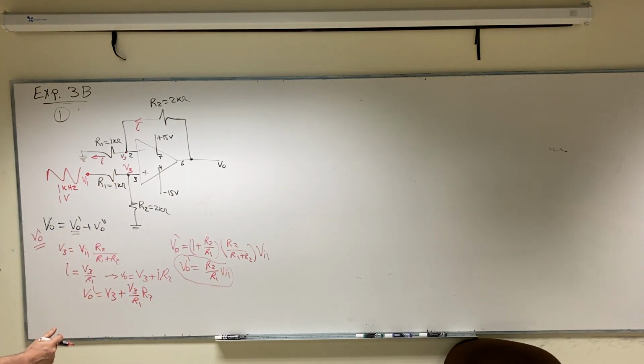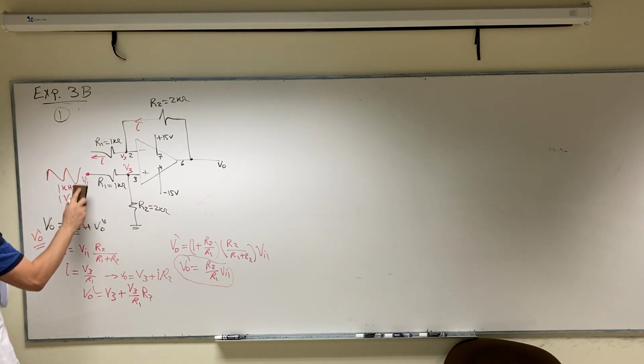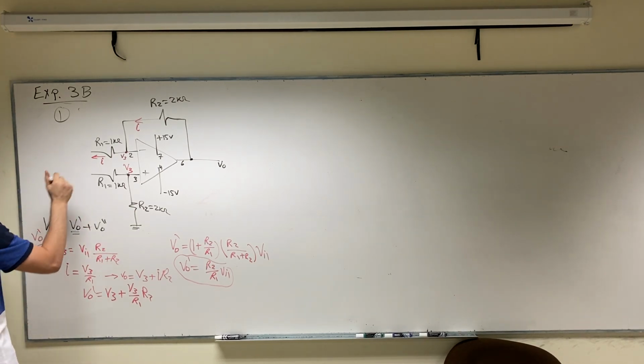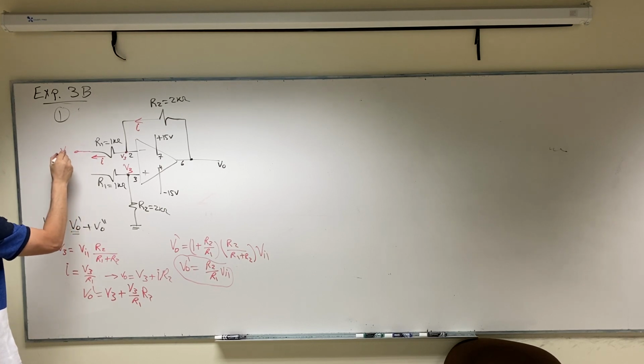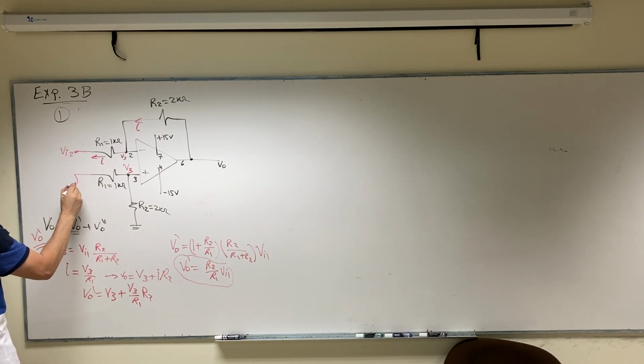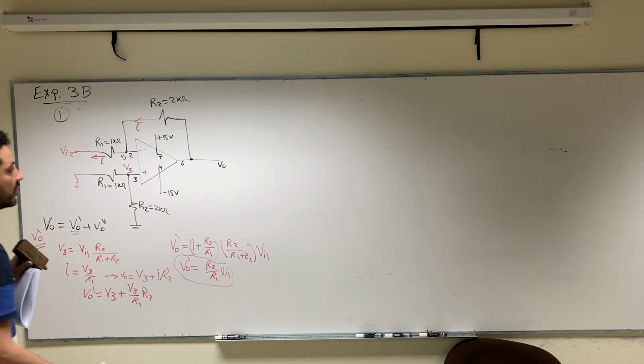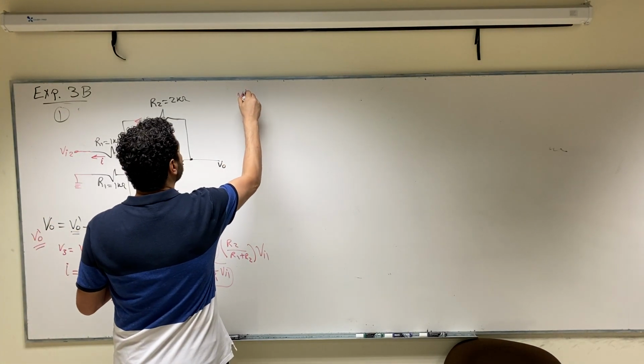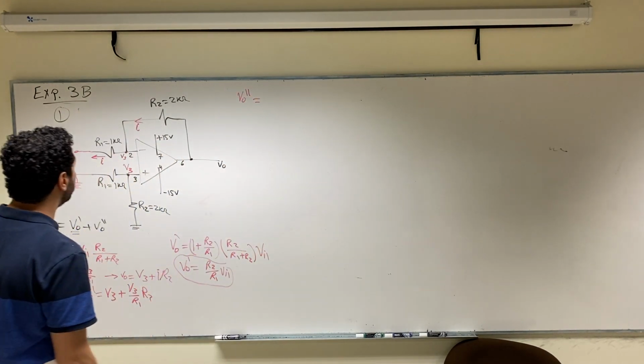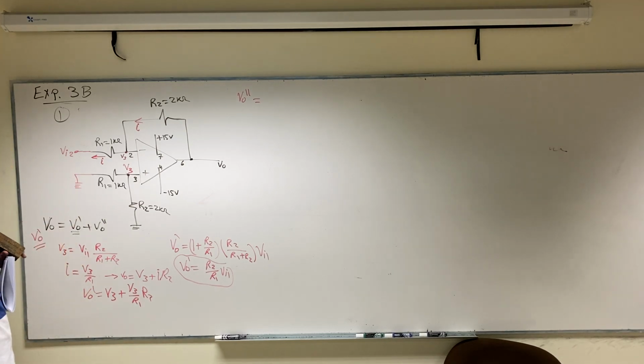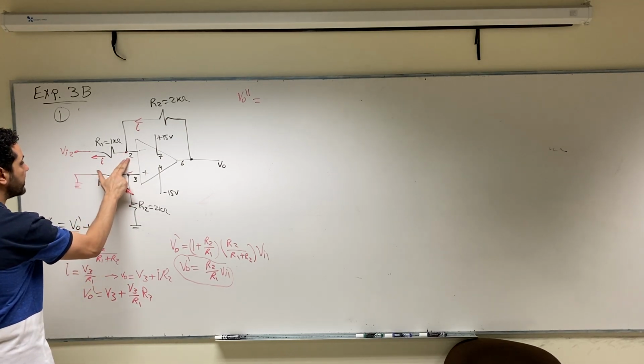What about if we take the second input? If we take the second input and do superposition, you are supposed to assume that here we have V input 2 and you are going to connect this to ground. So V output double dash will be the output due to the second input. In this case, let's just remove the red things here.